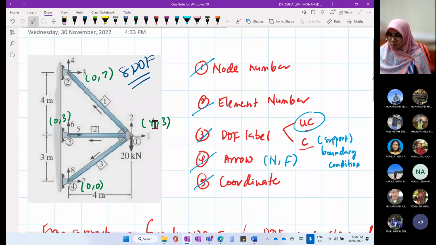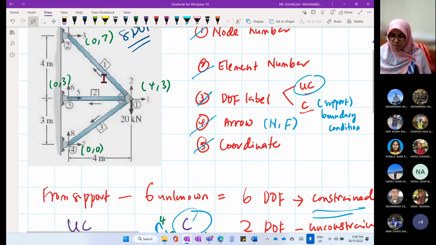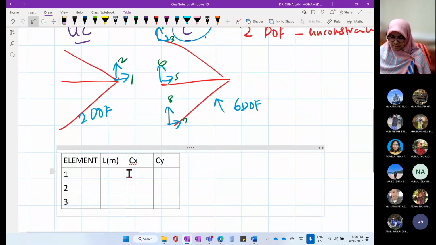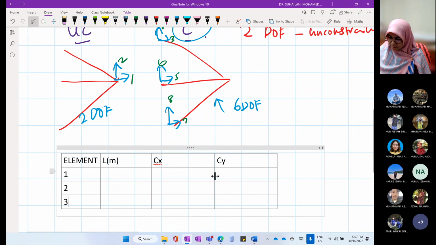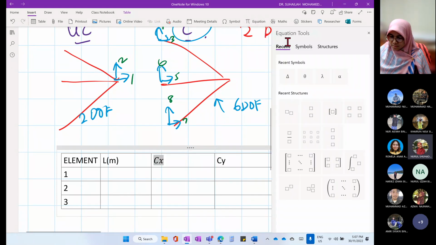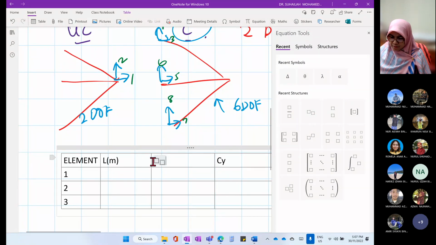4 and 4. So please calculate the hypotenuse. 4 with 4, what is the hypotenuse? Please calculate. Horizontal is 4, vertical is 4, hypotenuse 5.66.